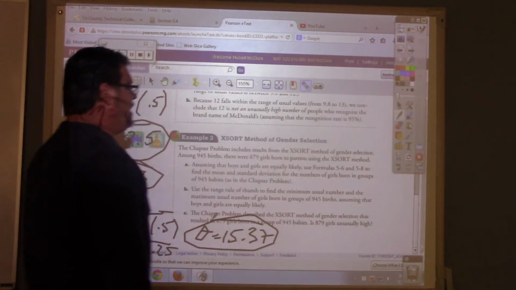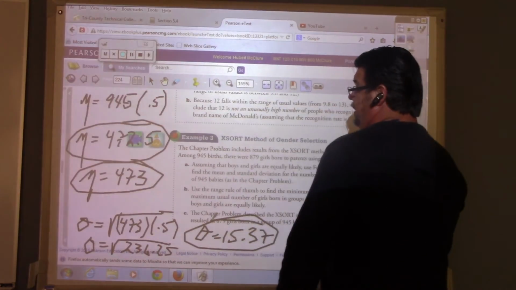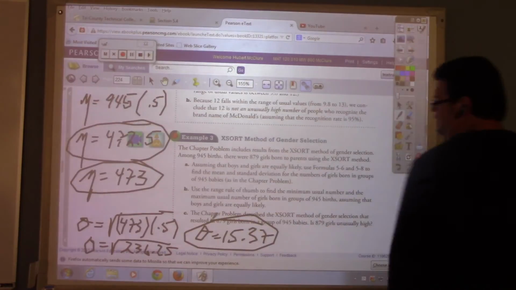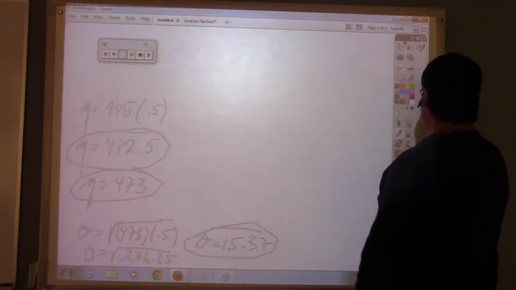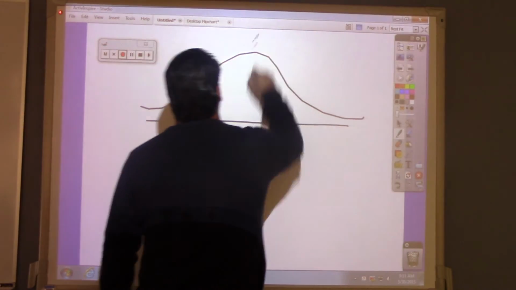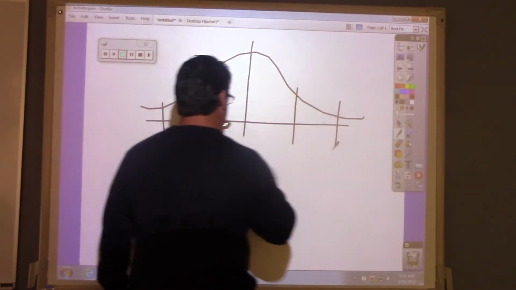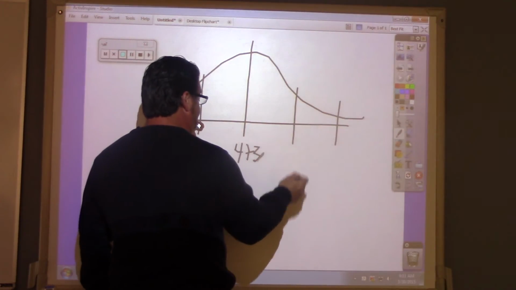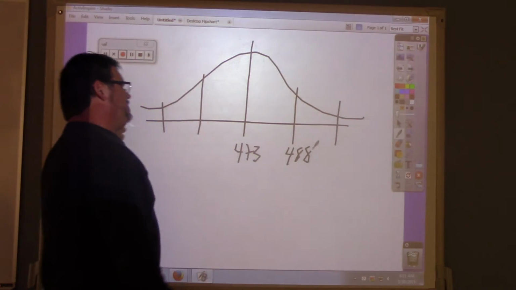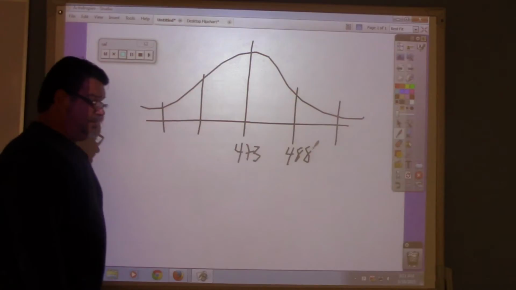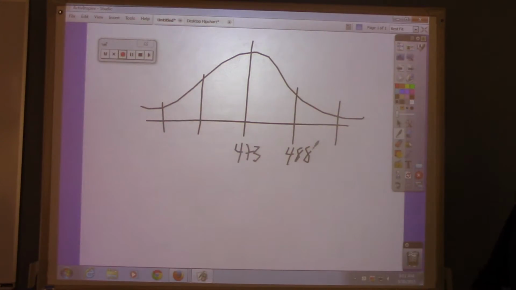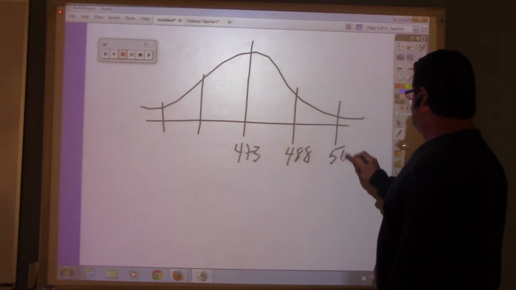So now you draw your handy dandy curve. I'm going to change this to the 473, and I'm going to change that to 15. So 473 and 15. 473 plus 15 is 488. 488 plus 15 is 503.